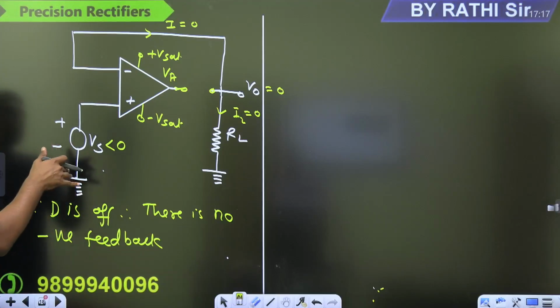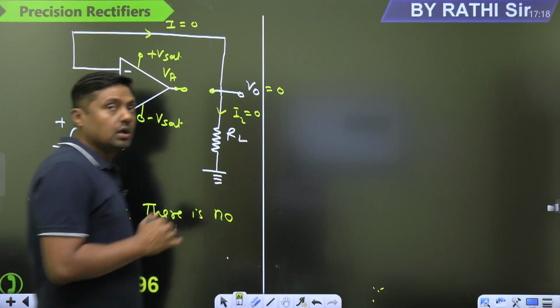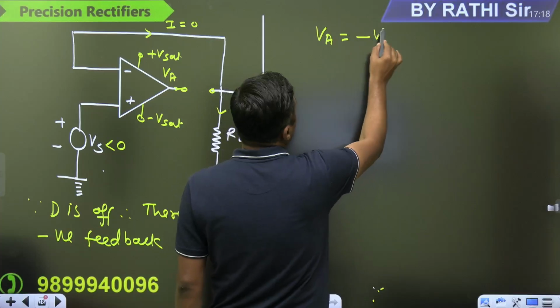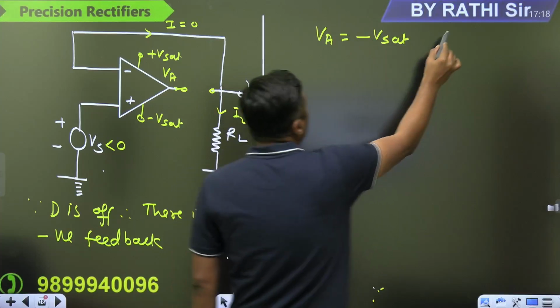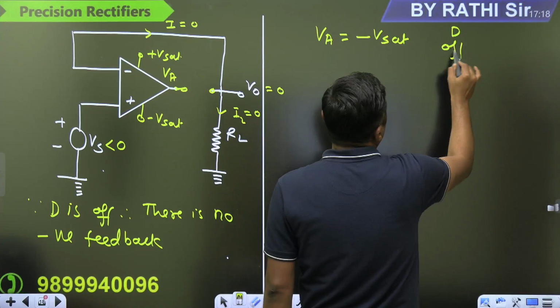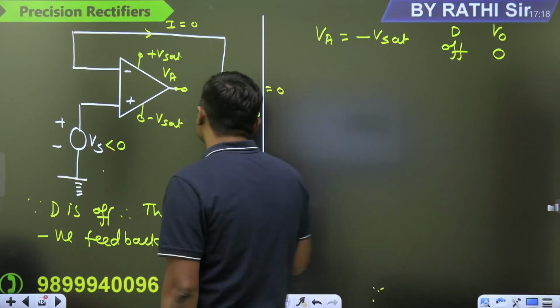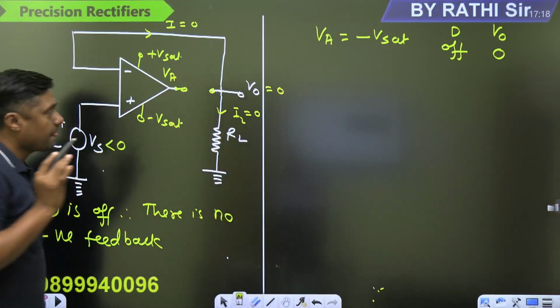Which saturation? Negative saturation. So finally, what is the voltage at this point? Finally, the voltage will become minus V sat. What about the diode? The diode will remain off. What about the output? Output is 0. That is the case.